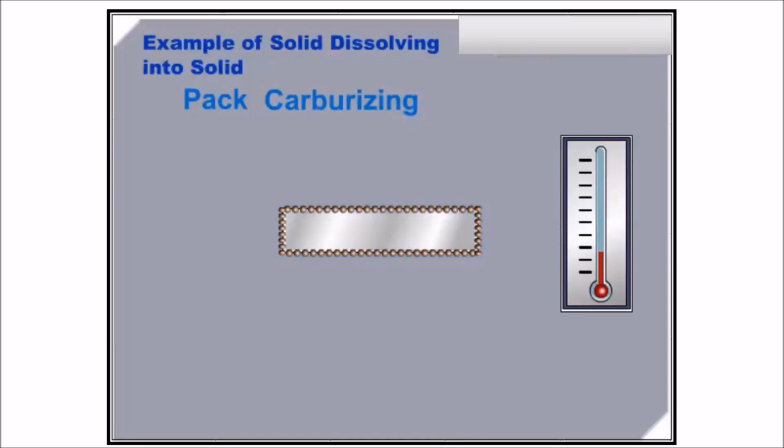This added carbon in the steel's surface makes the surface much harder and is useful for resisting wear and abrasion. This technique is commonly called pack carburizing.